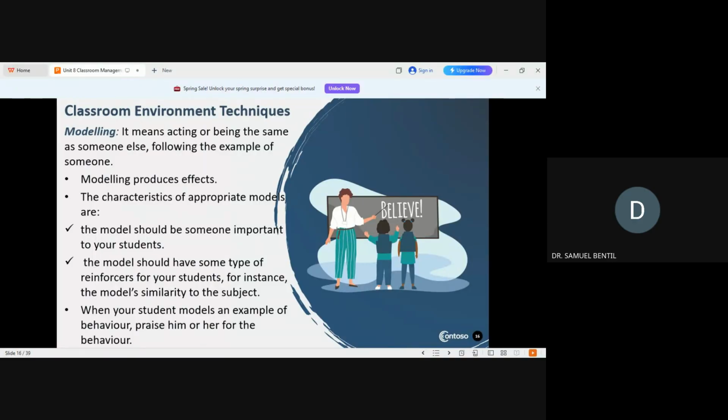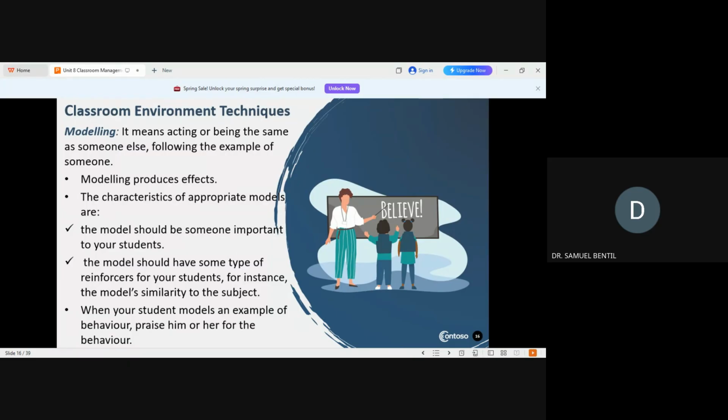Then we have modeling, and we all know that in modeling, it is about being like somebody, the same as somebody, or imitating, or acting, or being the same as someone else. But take note that if you want to apply this strategy, you must ensure that the person you are presenting to be modeled should be someone that has a good character, which can be a reflective behavior on your learners.